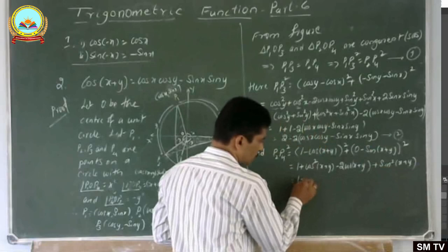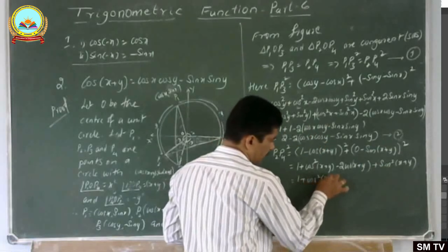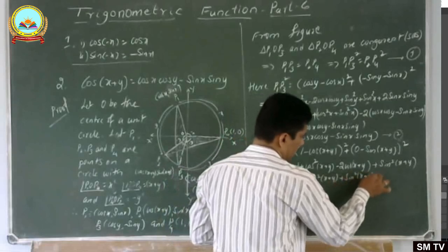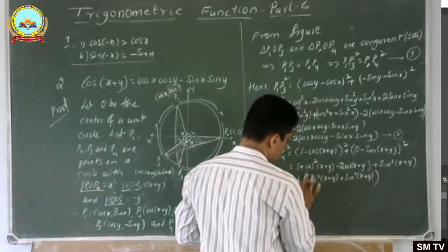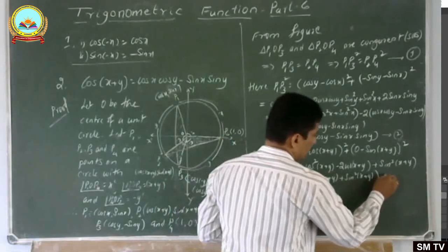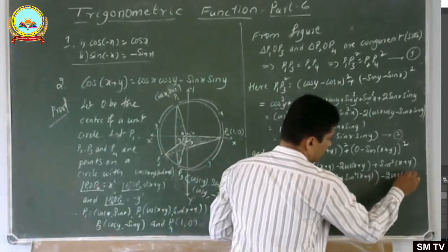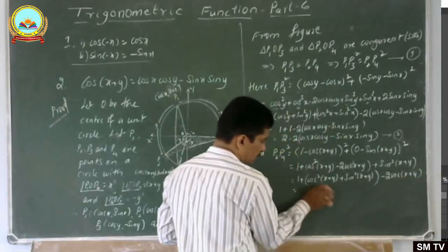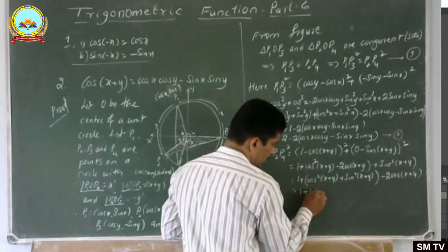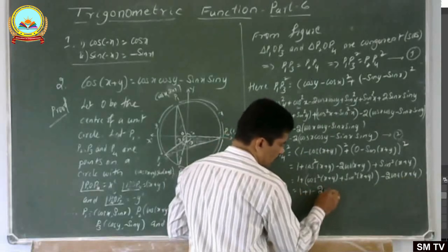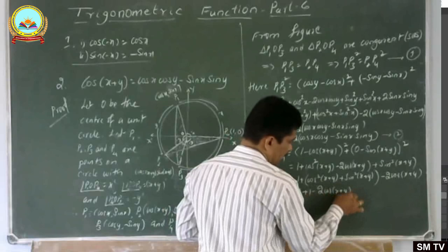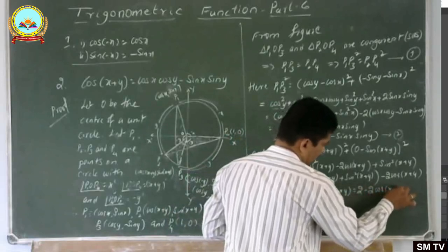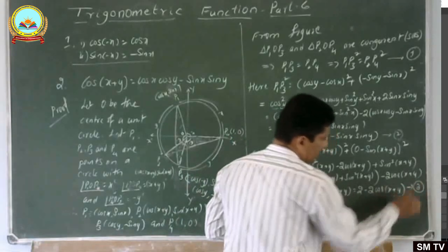Simplify again, 1 plus cos square of x plus y plus sine square of x plus y, group, minus 2 times cos of x plus y. Here you know that this one is 1 plus 1 minus 2 times cos of x plus y, or you say that 2 minus 2 times cos of x plus y. You say that this one is the third result.